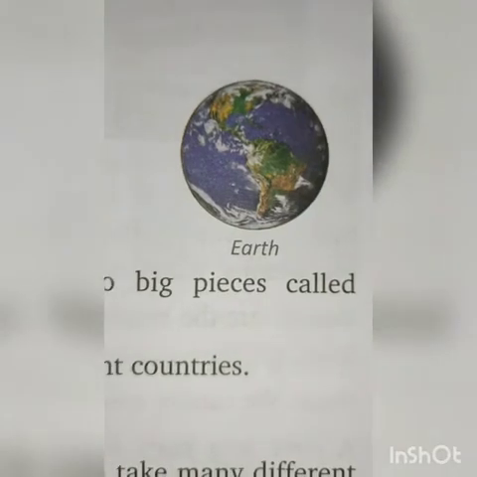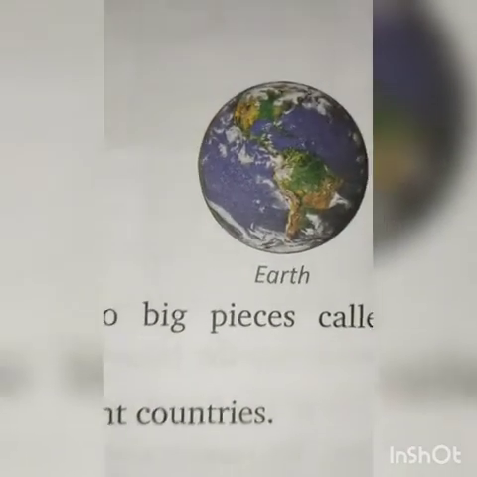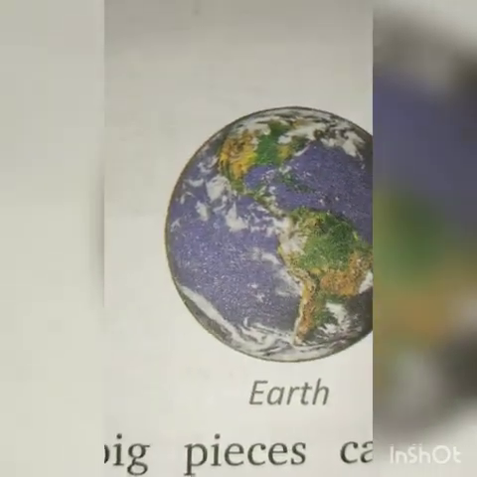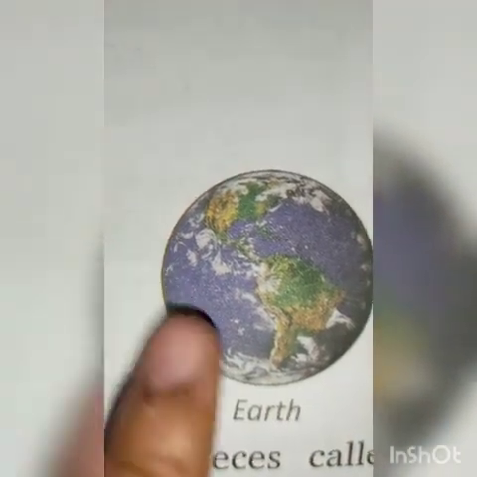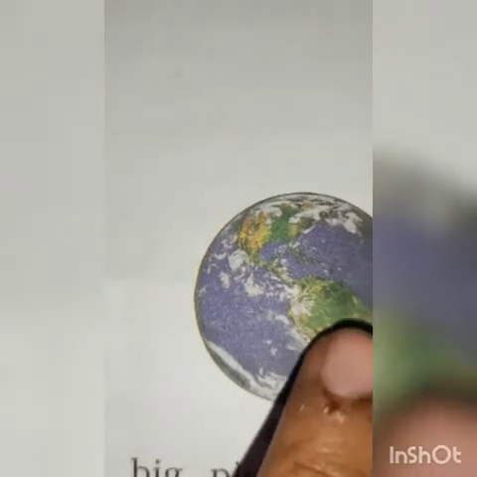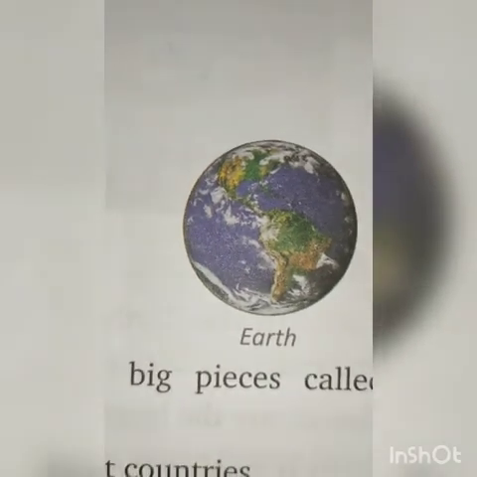The Earth is made up of water and land. You are able to see these things. The blue one is ocean and the green and yellow part is our land.